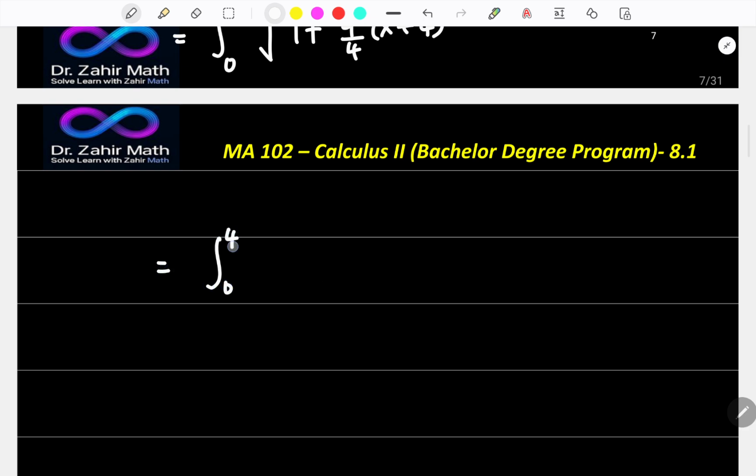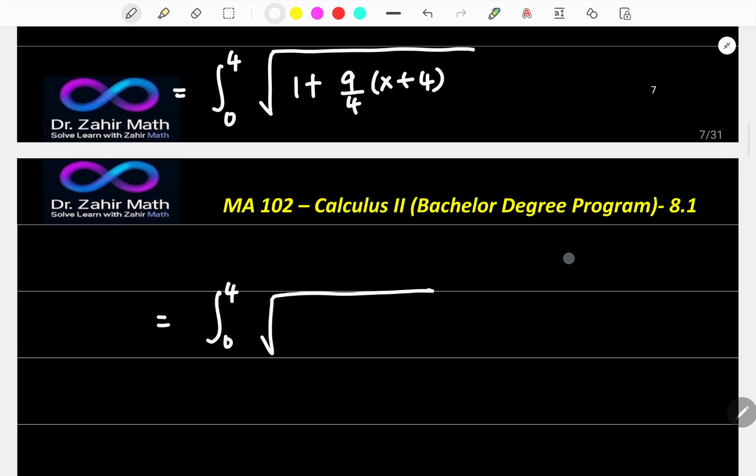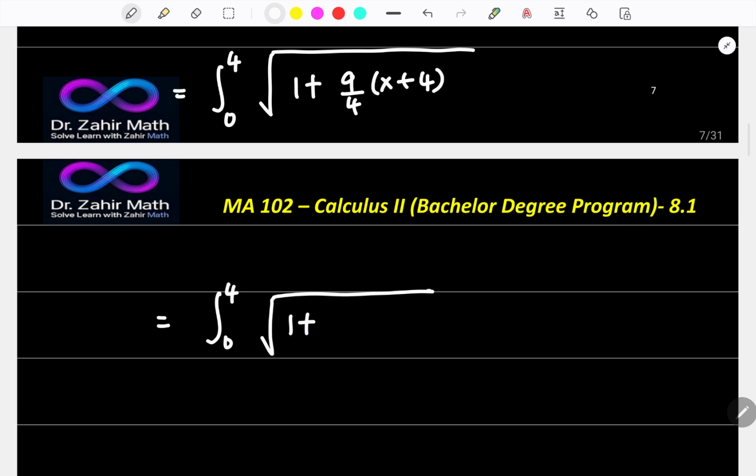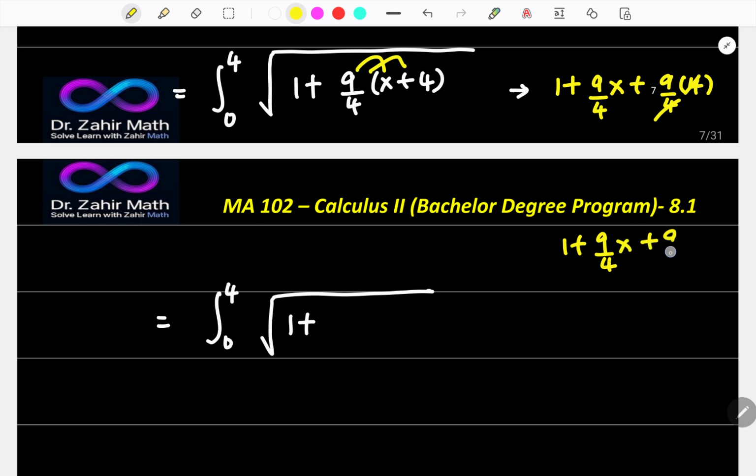And then square root of, let me write a little bit lower so that it's easy for you. So this is the integral 0 to 4 of the square root of 1 plus, let me simplify this one outside so you will clearly understand. 1 plus, I multiply this one, 9/4 x, and 9/4 multiplied by 4. The 4 gets cancelled. So 1 plus 9/4 x plus 9.